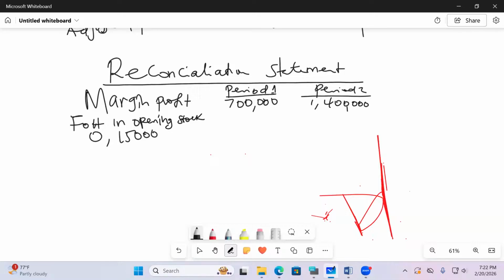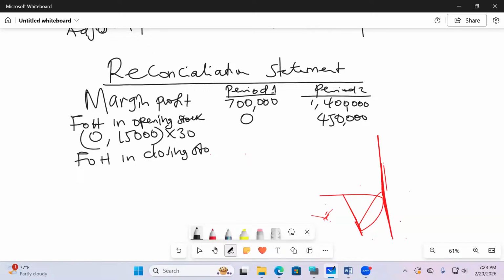Opening stocks, isn't it? So multiply this by the fixed overhead cost, which was 30. The first one is 0. The second one is what here, somebody? 450,000.